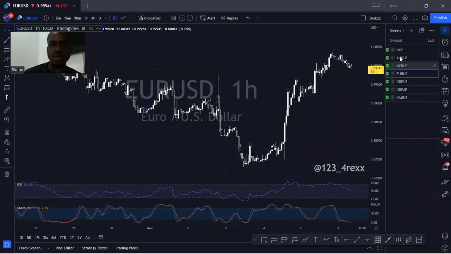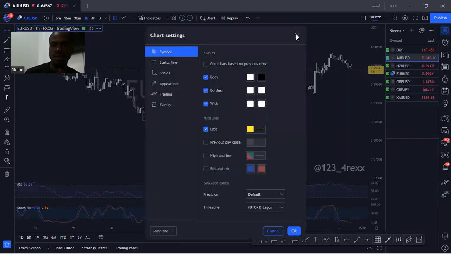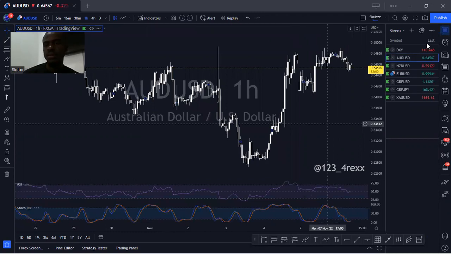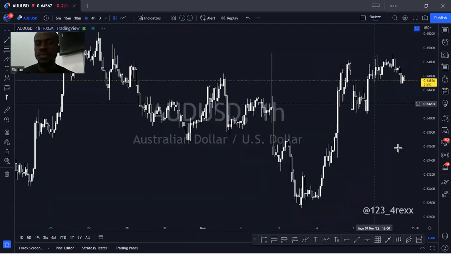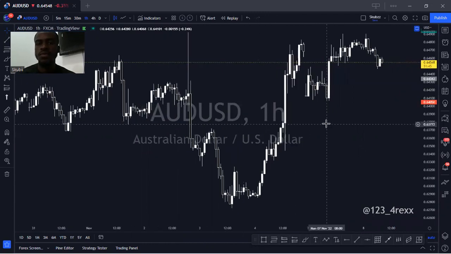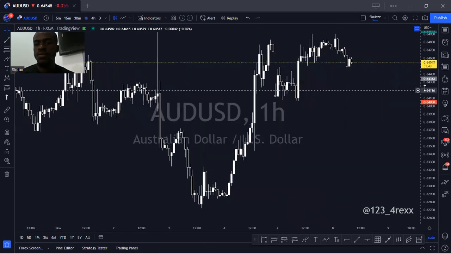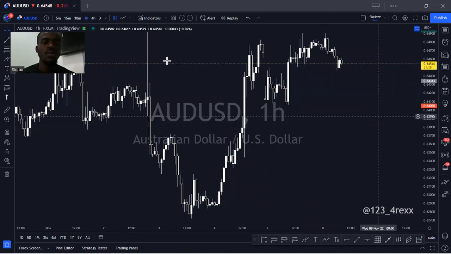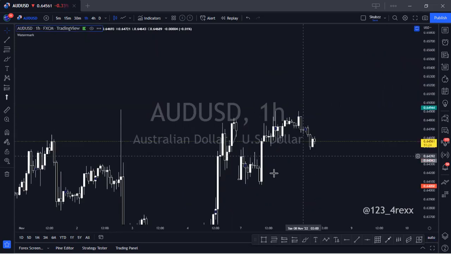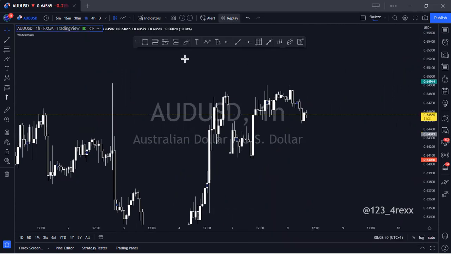Let's start with AED USD. Okay, cool. So now on AED/USD, the market opened here yesterday.